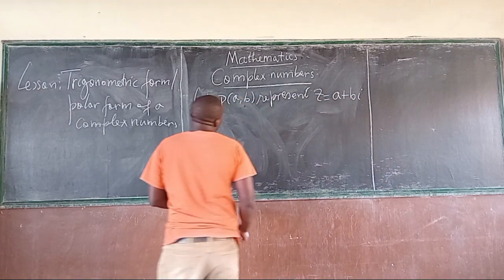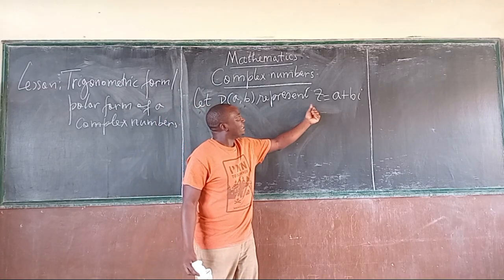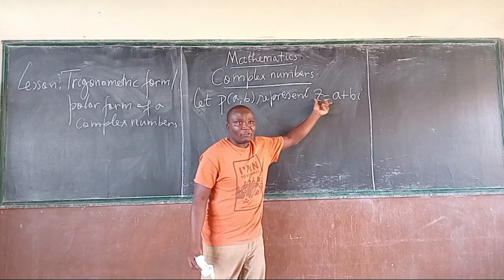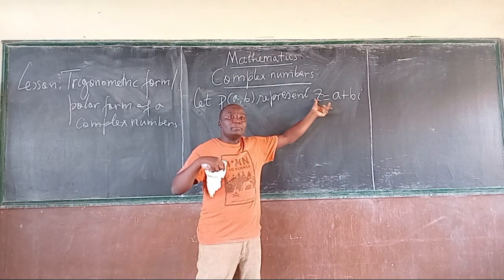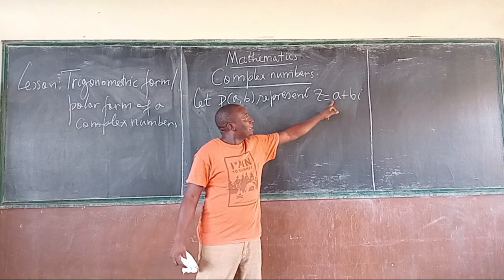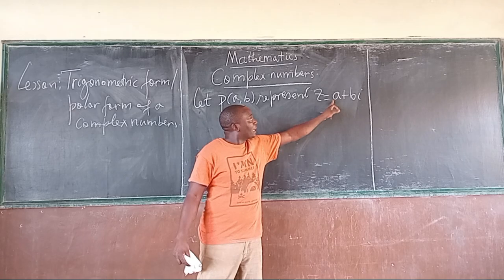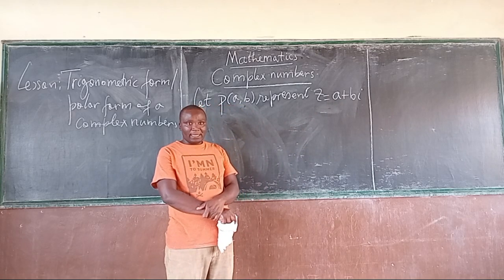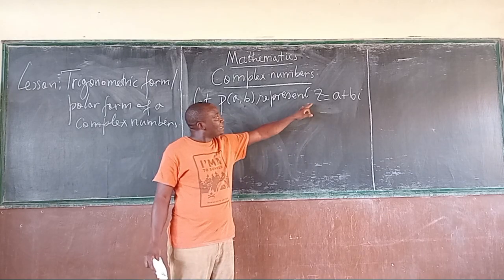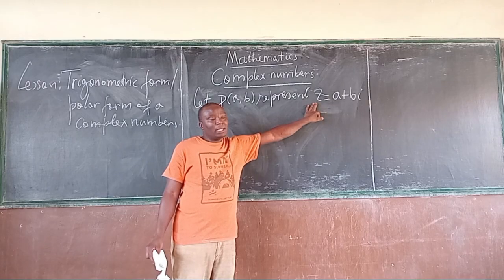And I'm sure you are able, teachers, to represent this algebraic form of a complex number z equal to a positive bi on an Argand diagram. Then, how do we represent this complex number on an Argand diagram?